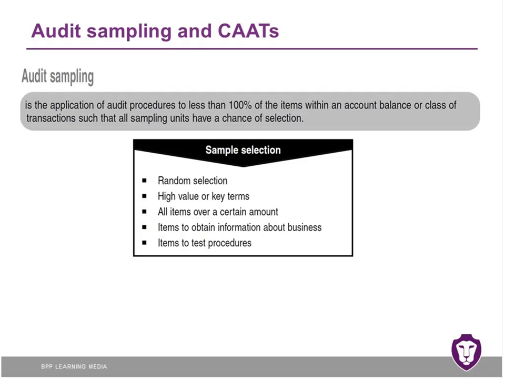I want to look at every 5th invoice. That's a random selection. Or I want to look at every invoice over the value of $10,000. Or I want to look at every invoice that has some term in it. Okay, and so on. So there's lots of different ways they do sampling, and the idea is that they take samples, and they make some assumptions based on those samples.